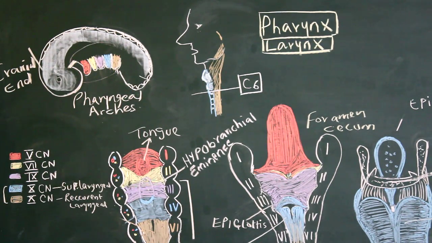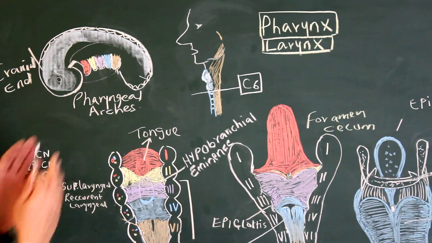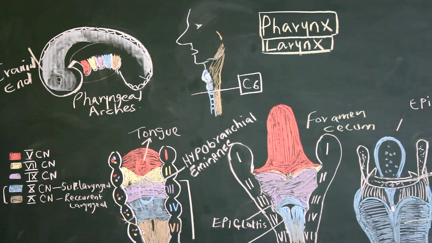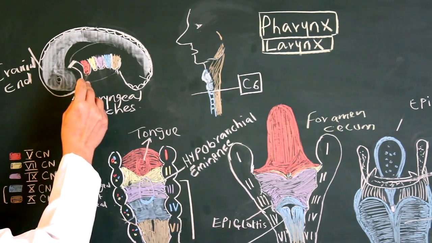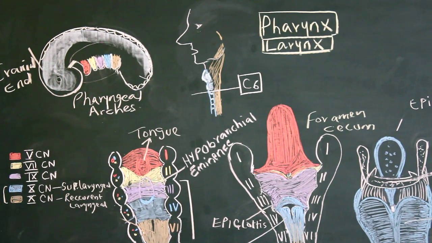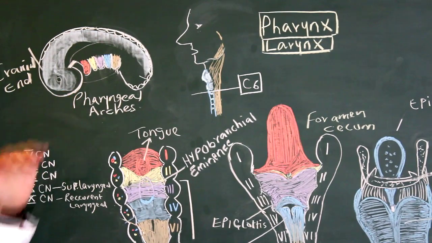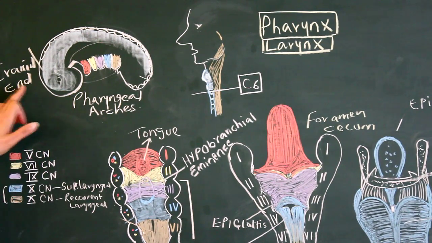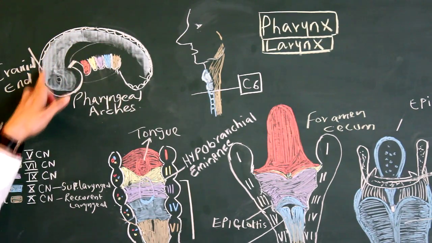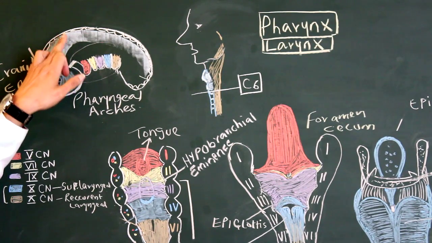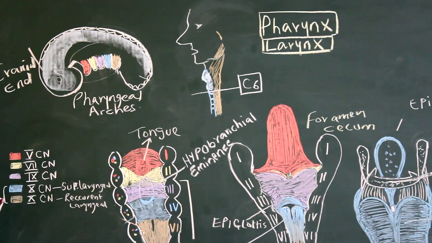Before moving on to the structure itself, I have to mention that each arch is mesodermal in origin. It develops from the middle layer of the embryonic disc. We have an ectoderm which gives origin to the skin, superficial subcutaneous structures, as well as the nervous system.